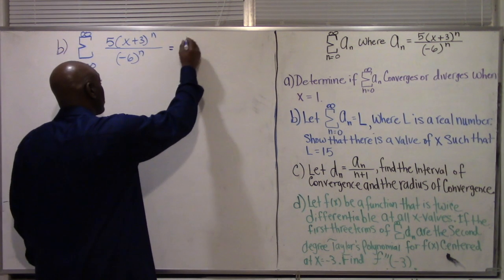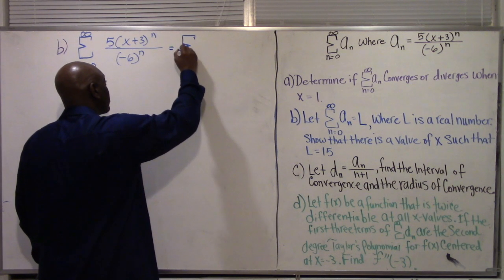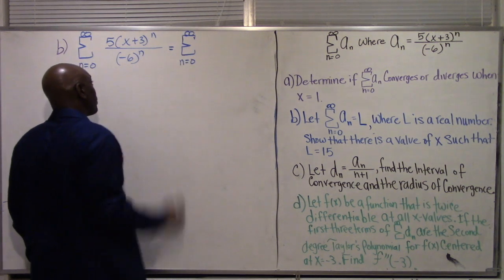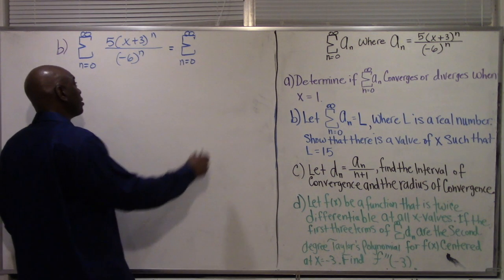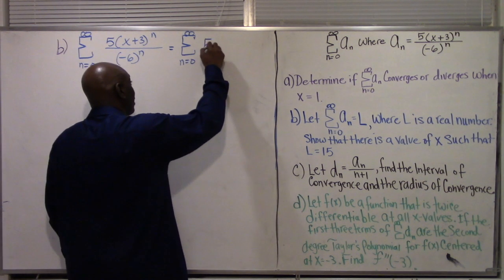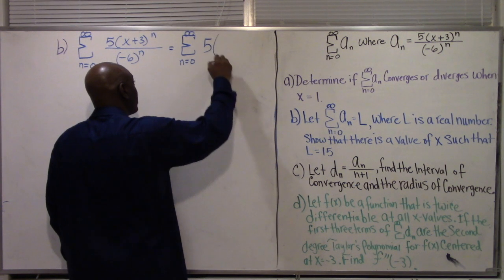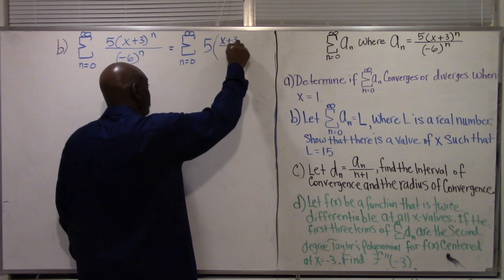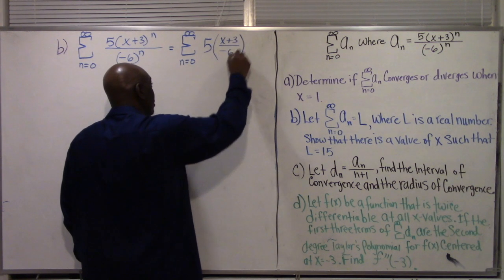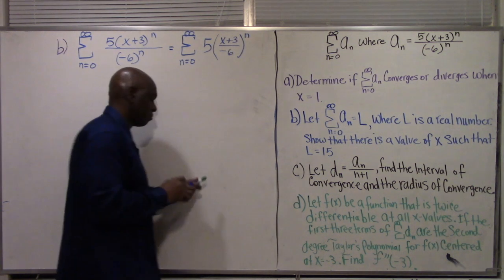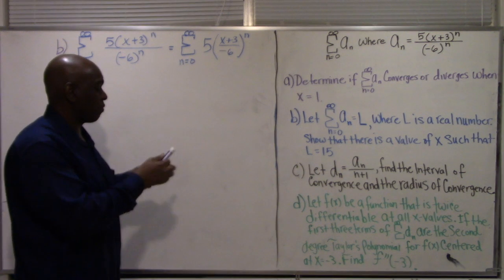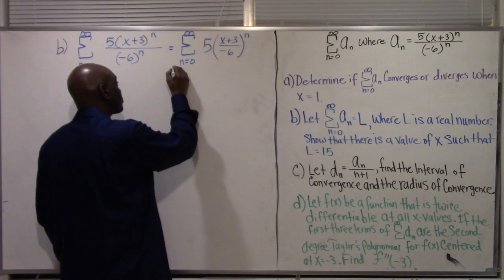This can be rewritten as the sum from n equals 0 to infinity of 5 times ((x+3)/(-6))^n. Notice the form here, ladies and gentlemen. The form is still geometric.